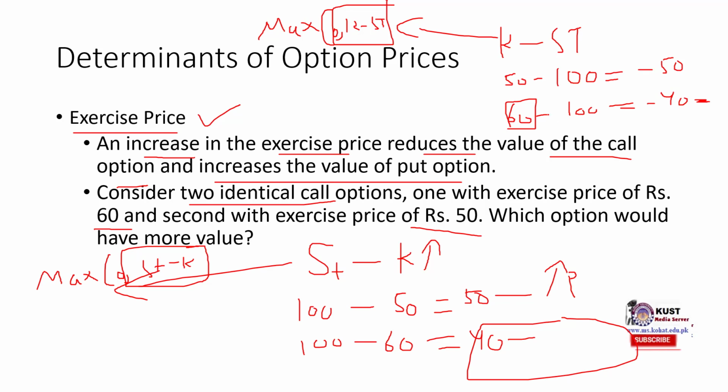So there is a positive relationship between the exercise price and the premium of the put option, and a negative relationship between the exercise price and the premium of the call option. I would sum this up at the end of this lecture.